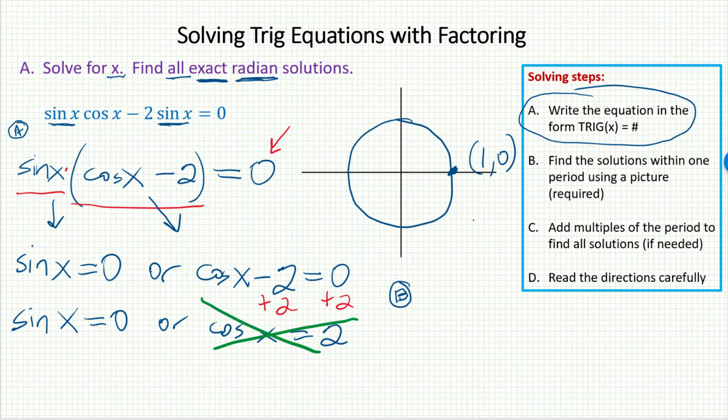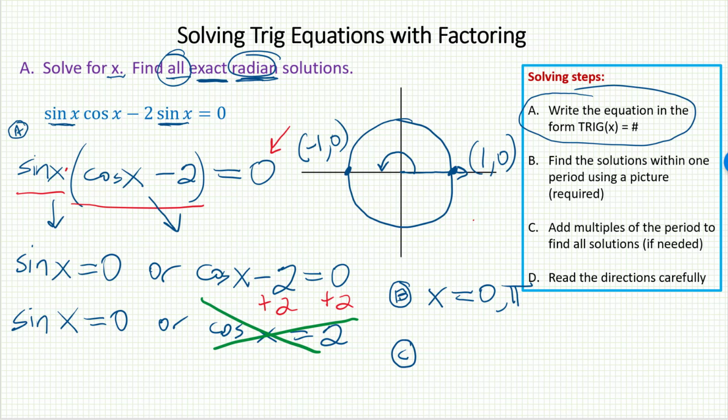The only other place with a y coordinate of 0 would be across the way at -1, 0. So these two angles are the angles we're talking about here, 0 radians and pi radians. We are working in terms of radians. And those are the only two angles within one period that satisfy the equation where there's a sine ratio of 0. Well, I do want all the solutions, so I'm ready then to move into step C.